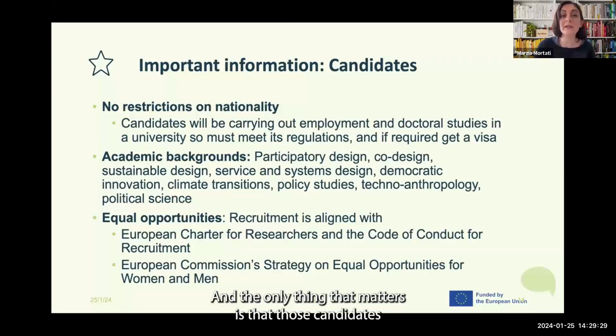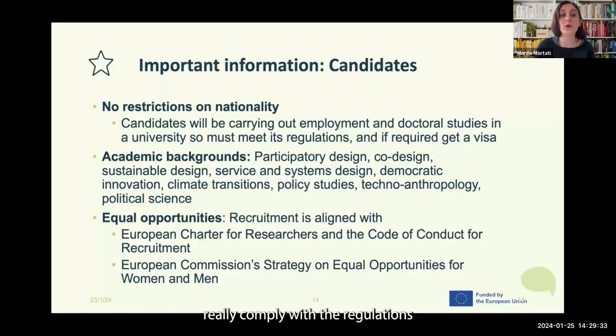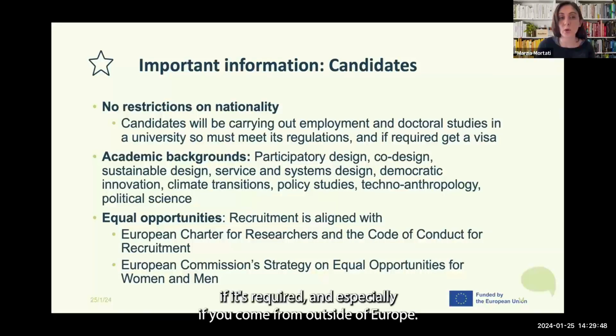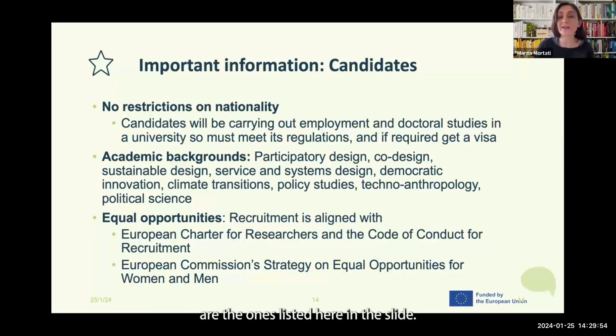The only thing that matters is that those candidates really comply with the regulations of the university to which they are applying. Of course, this might also imply that you get a visa if it's required, and especially if you come from outside of Europe.